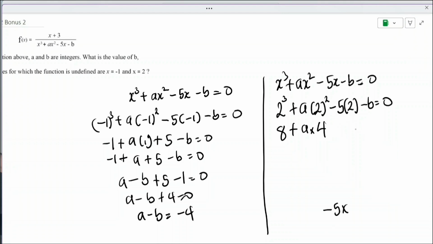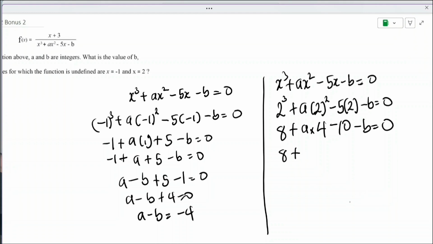Negative times positive will give you negative. 5 times 2 will give you 10. So this is negative 10. This 2 has a positive. When you don't have a positive or a negative sign in front of a number, when it's empty, it's definitely positive. Then you have minus b equals 0. We further simplify.